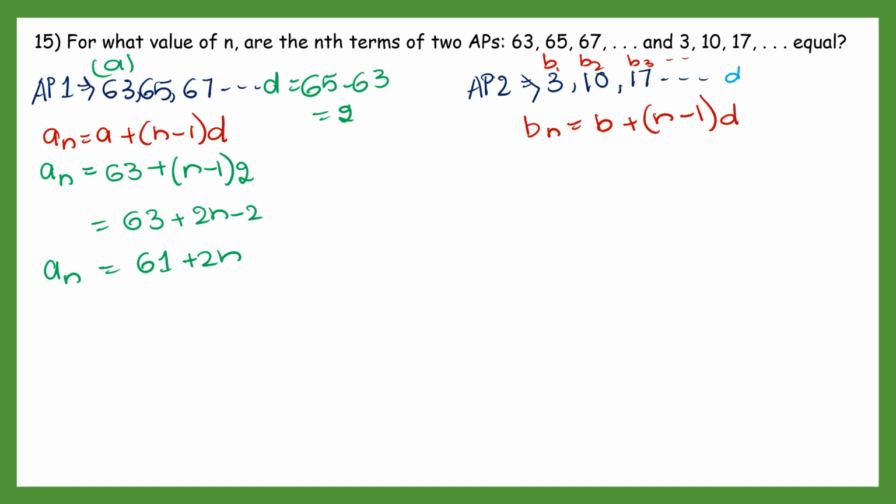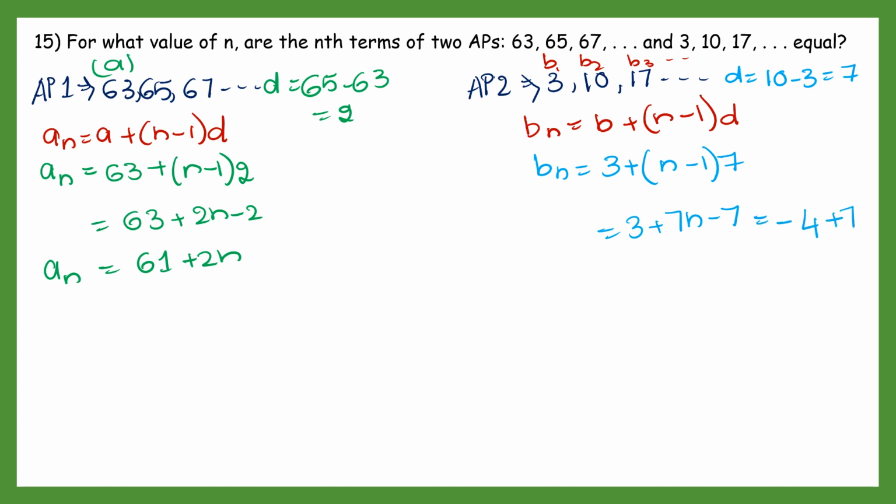Common difference d is the difference between consecutive terms. So 10 minus 3, that is 7. So bn, the nth term, is equal to b, the first term 3, plus n minus 1 into the common difference 7. So you get 3 plus 7n minus 7. 3 minus 7 is minus 4, plus 7n.